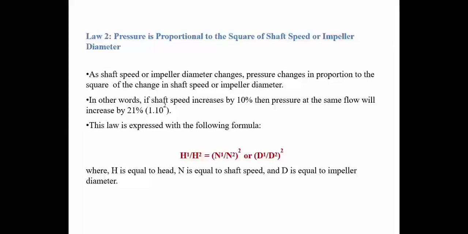I'm sorry, that was my mistake, the 1 and 2 have to be in prefix. Okay, H1 by H2 is equal to N1 by N2 the whole square or D1 by D2 the whole square. As I have said earlier, H is in meter, N is in RPM and D is the diameter in meter.